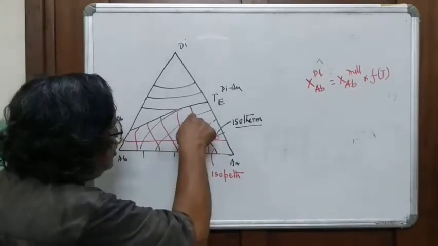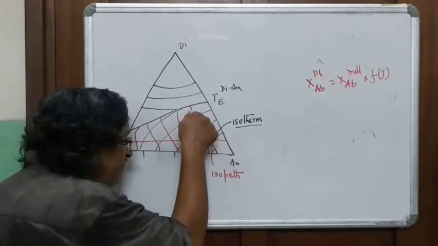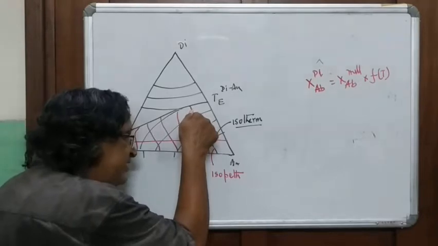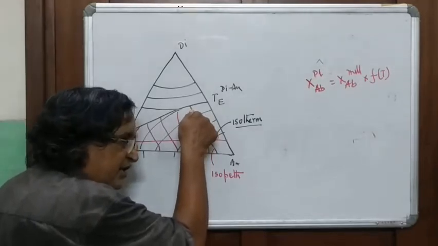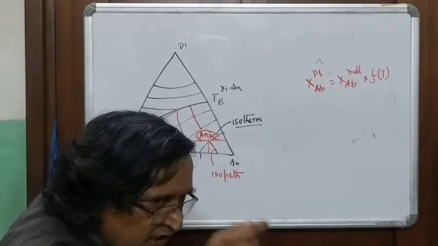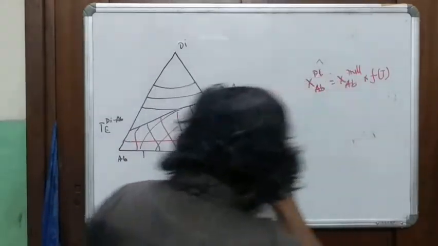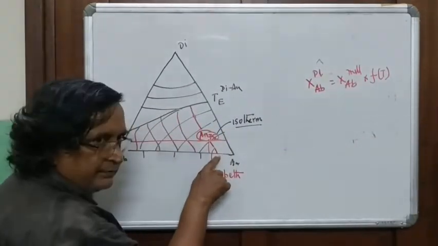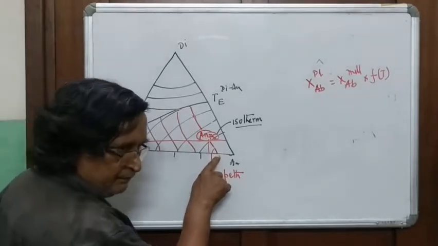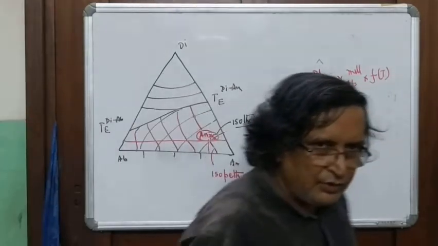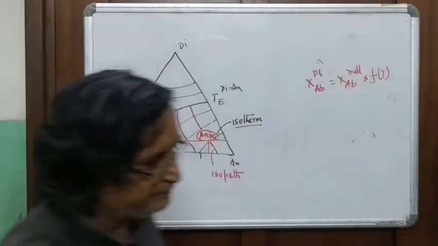This tells you that if you crystallize the melt at this point, then this is the temperature of crystallization and anorthite 75 will crystallize. But that does not mean that the point is here. It does not mean that. Have you understood? This is very, very crucial.